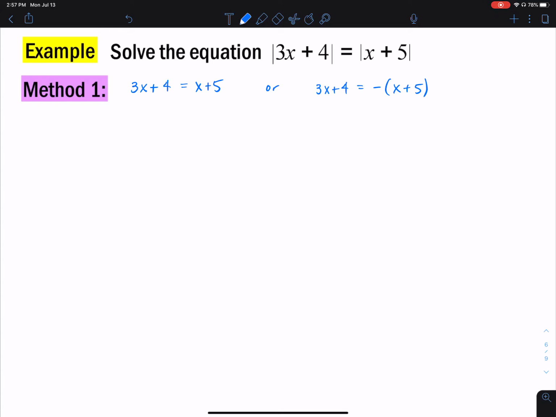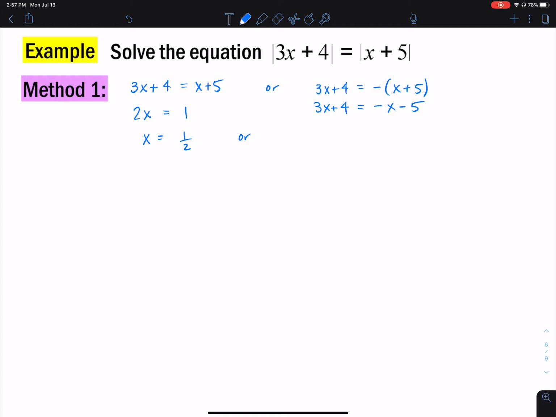Okay, and we're going to go through both of these and solve each one individually. And this one on the left, if I move the x over, it would be 2x is equal to 1 when I move the 4 over. And divide both sides by 2, you get x equals 1/2. Or come over here to the right one, and you have 3x plus 4 is equal to negative x minus 5.